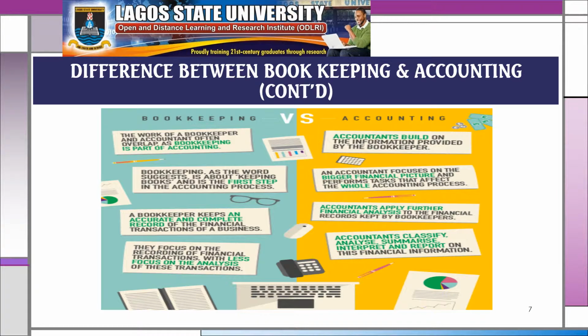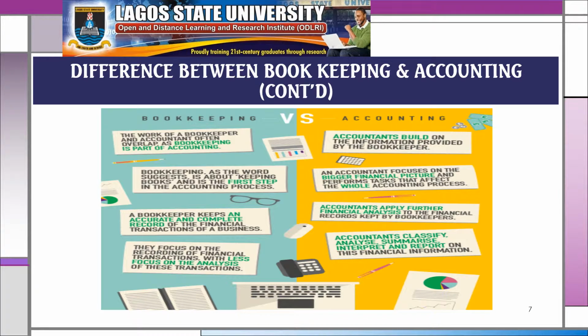An accountant focuses on the higher aspect of the financial picture and performs tasks that affect the whole accounting process, meaning that whereas the bookkeeper stops at the function of collection and recording, accountants or accounting goes beyond that to cover all the other functions that we have mentioned earlier.